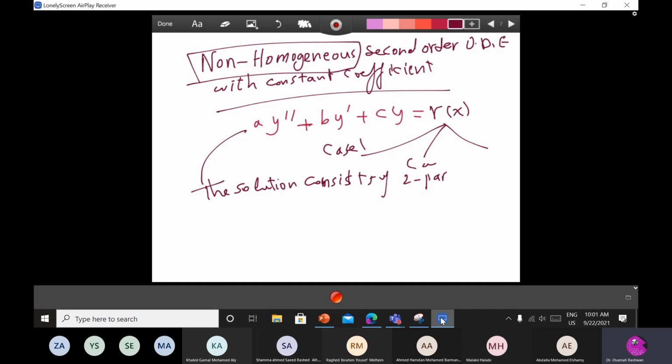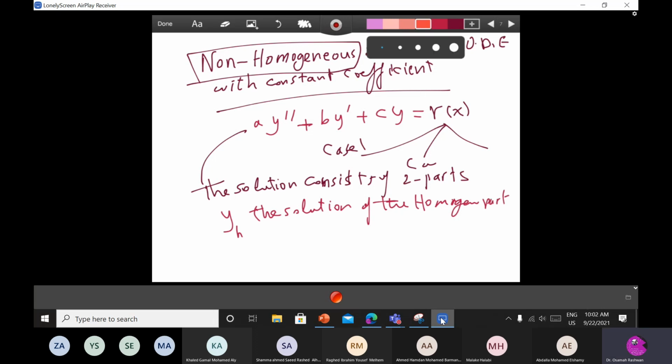What are these 2 parts? First, YH, the solution for the homogeneous part. And the other one, which is new for us, YP, the solution of the non-homogeneous part.